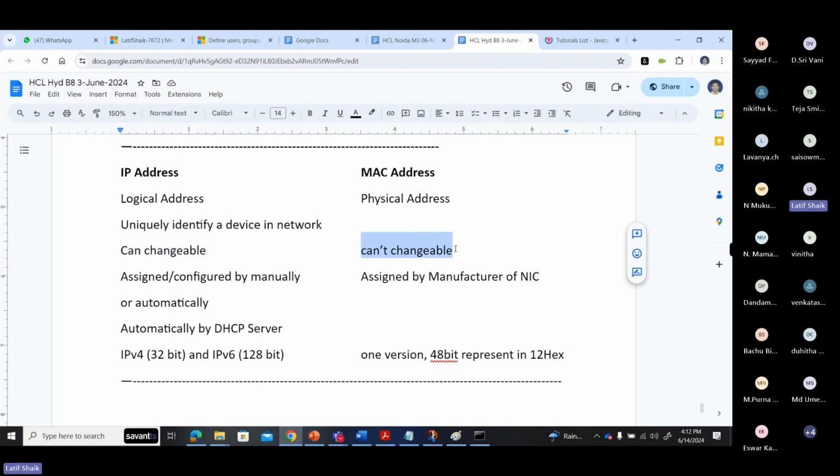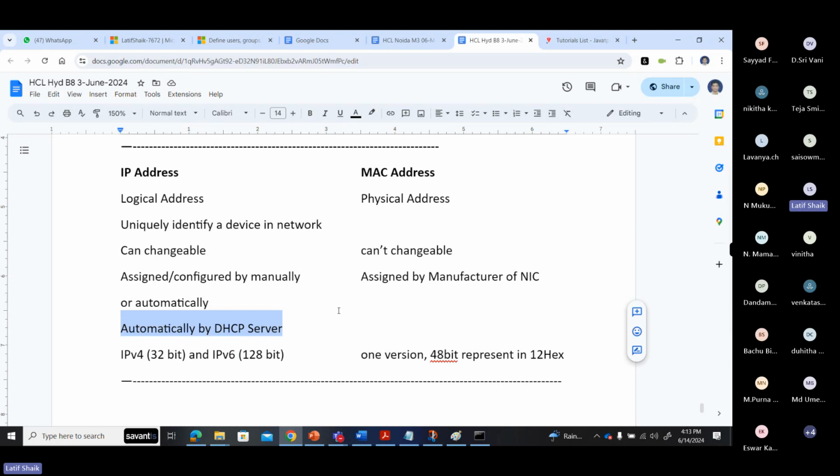IP addresses can be changed. Sorry, MAC addresses cannot be changed. IP addresses can be changed. We can assign or configure IP addresses manually or automatically by the DHCP server.